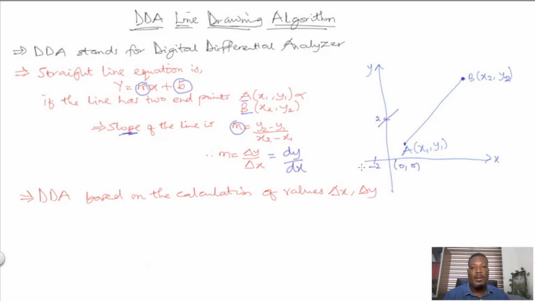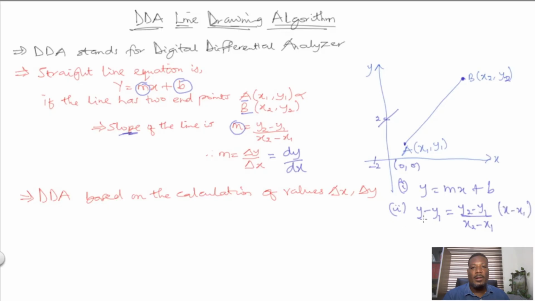Now, the equation of a line can be generated in three main ways. The first one is y equals mx plus b, which we already talked about. The second way is y minus y1 equals (y2 minus y1 over x2 minus x1) times (x minus x1).